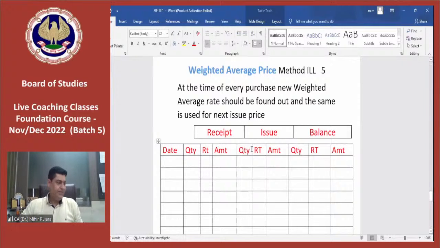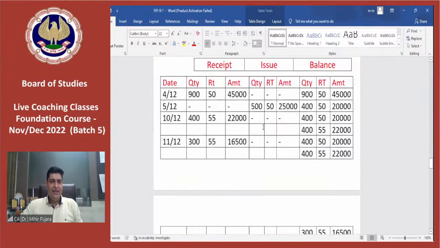Shall we start, friends? Okay. The first is my purchase.